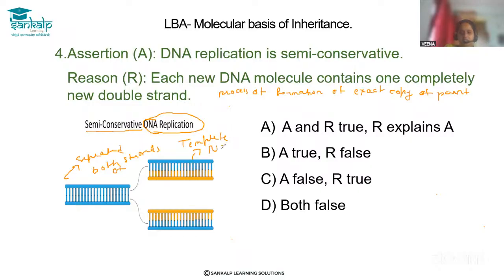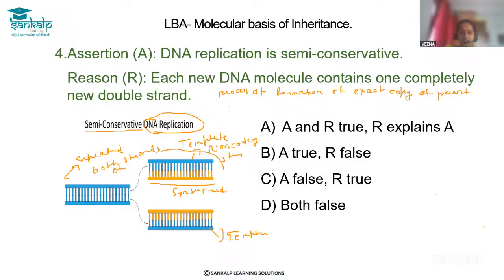Template strand means these are non-coding strands, also called antisense strand. Okay, so both the strands are acting as a template strand. According to this template strand, one more strand is newly synthesized here. That is what we call the replication process.